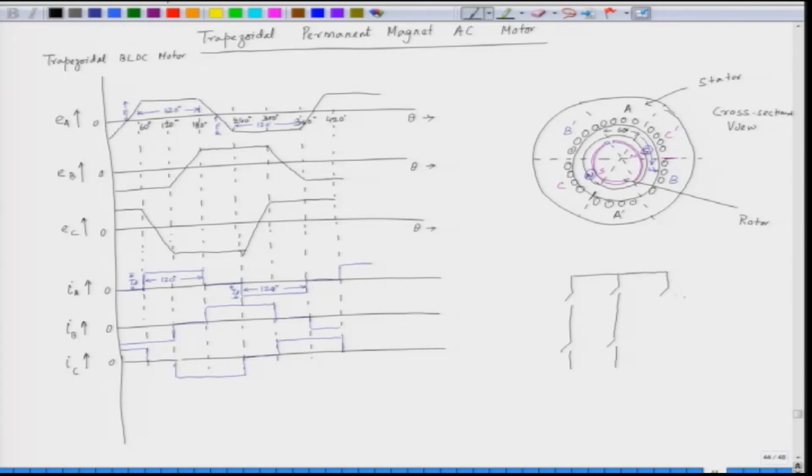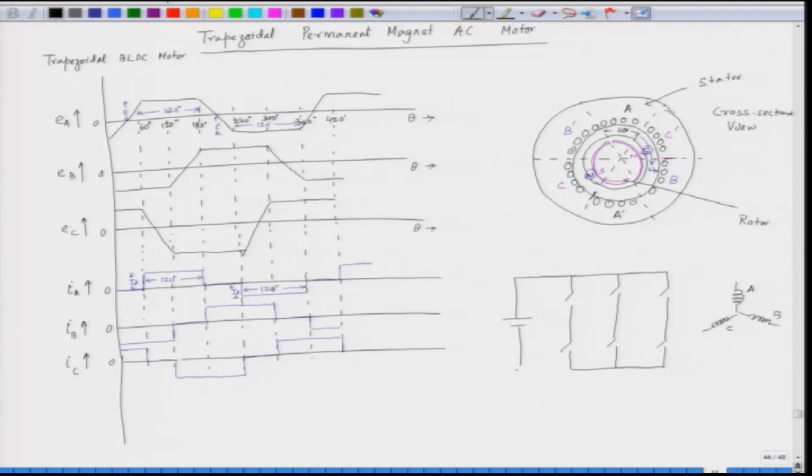These are the 6 switches of the inverter, and we have the stator phase A, phase B and phase C. So, we have phase A here, phase B here and phase C here, and the inverter input is a DC supply.